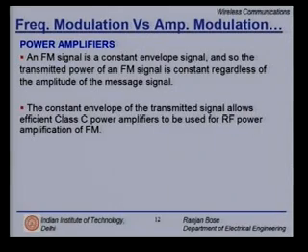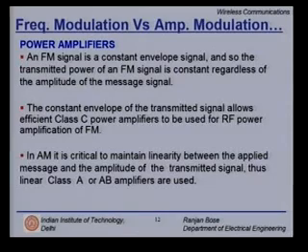The constant envelope of the transmitted signal allows efficient class C power amplifiers to be used for RF power amplification of FM. So, you are talking from the perspective of the transmitter. The transmitter is easier from the perspective of power amplifiers in FM, whereas we will see that the demodulator for FM is more complex than that of AM.